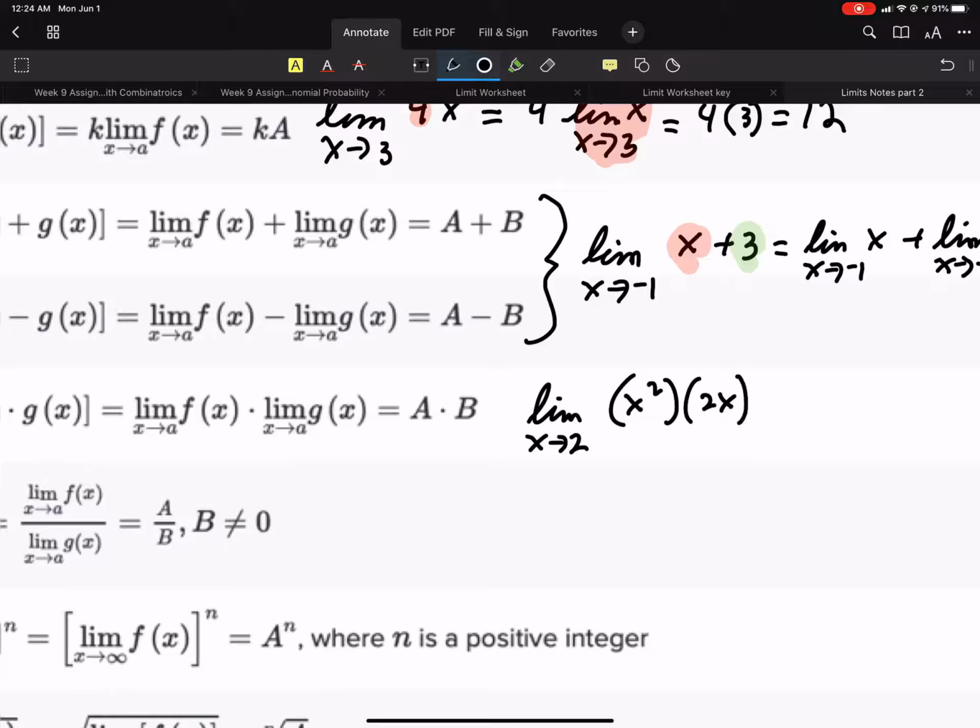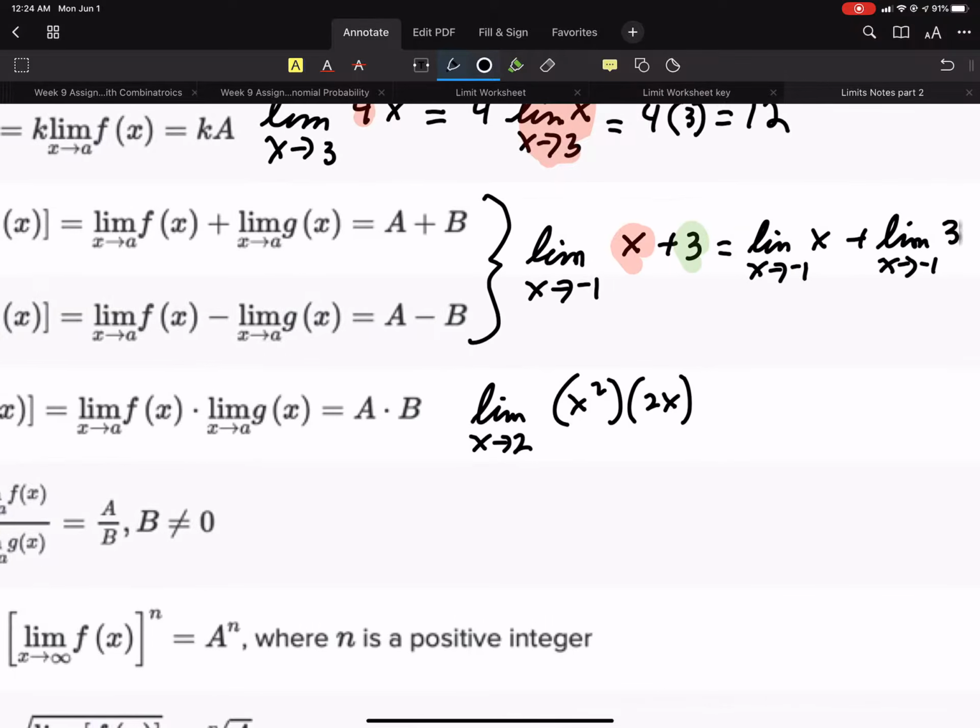Ooh, I can't do that yet because I haven't taught you that. So let me back up. I should have thought this out better. Okay, I'm going to do something that seems weird. There are two functions. I know you can multiply them, put it together, and make it one function, but we're just going to keep them separate.